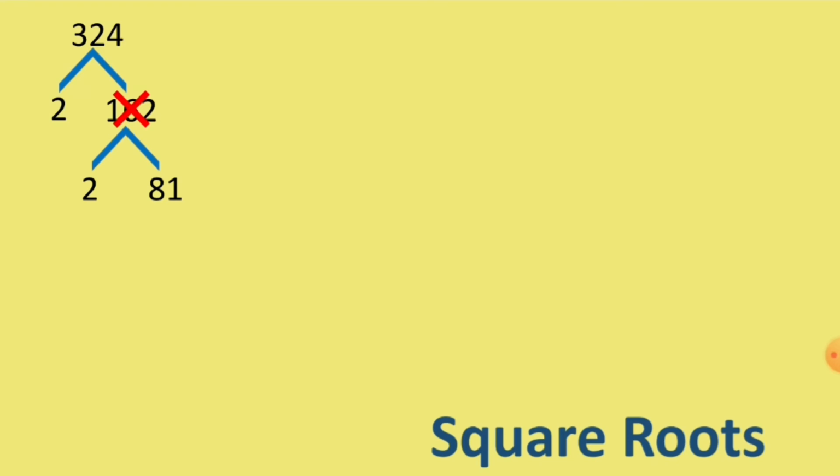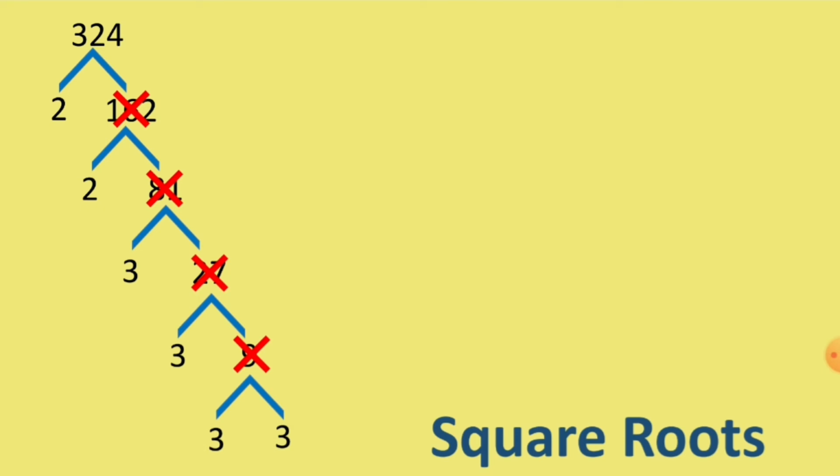Then we will also change 81 to 3 times 27. And again, we will change 27 to 3 times 9. The last time, we change 9 to 3 times 3.